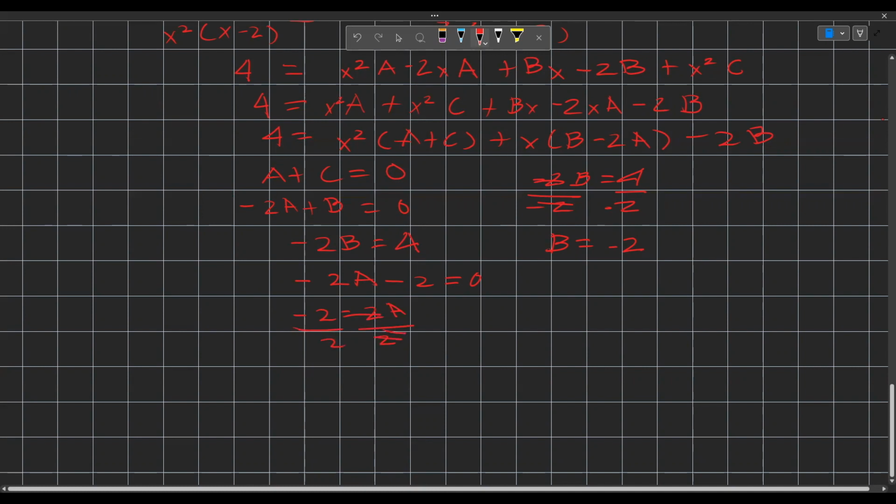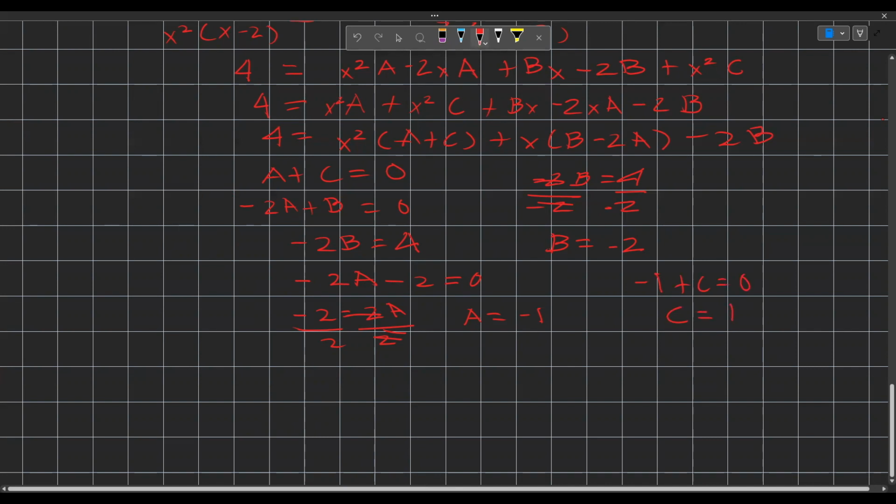This one will cancel, and our letter A is equal to negative 1. Now that we have the value for letter A, we can substitute it to our first equation, which means this will become negative 1 plus C equals 0. And letter C will become 1.